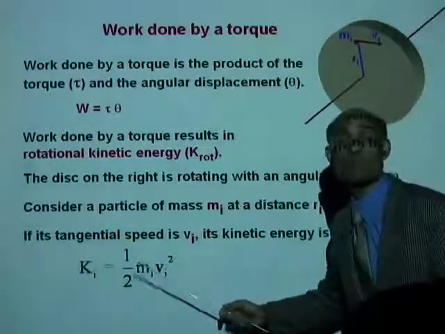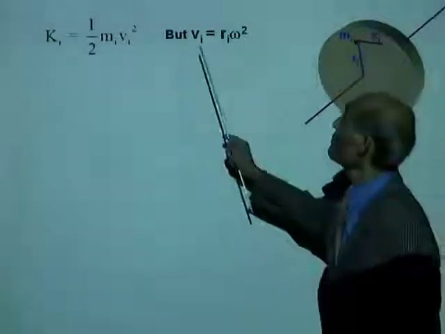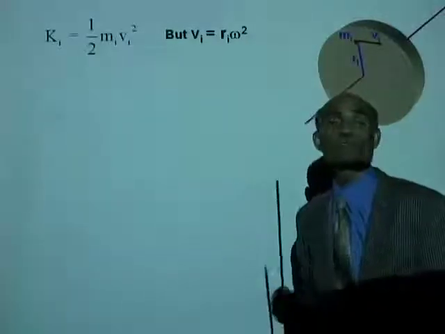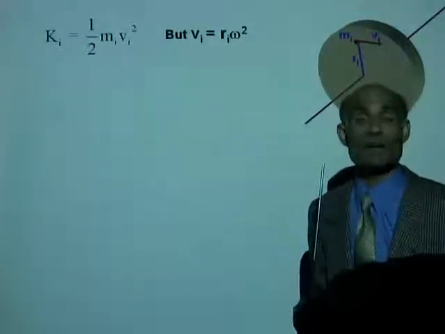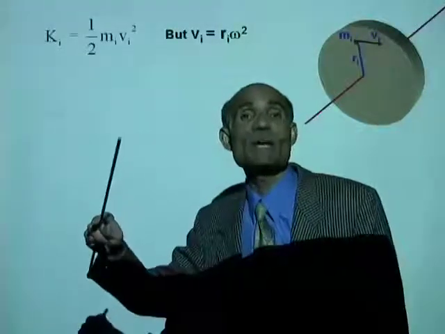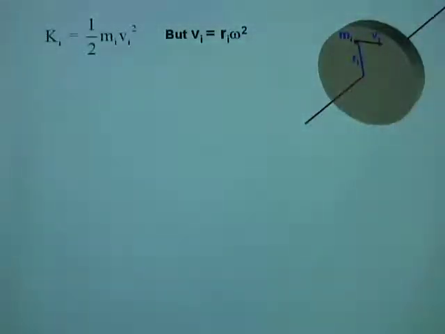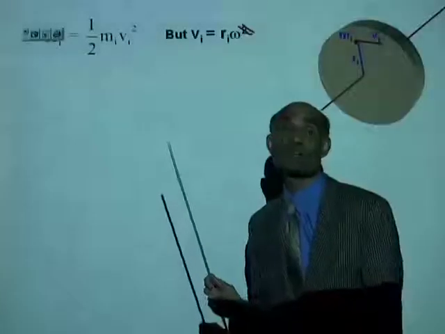Well, this can be applied to any particle on the disk. But vi equal to ri omega squared, is that right? The linear speed equal to r omega, v equal to r omega, not omega squared. You need to make that correction. vi equal to ri omega. The linear speed equal to r times the angular velocity.